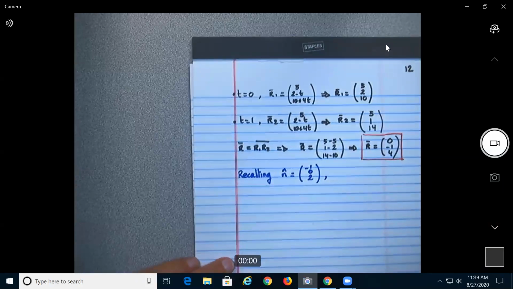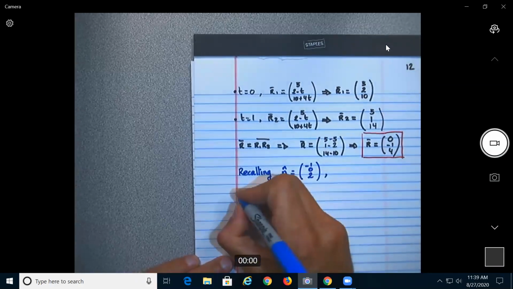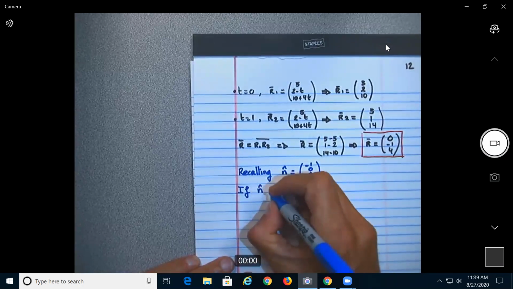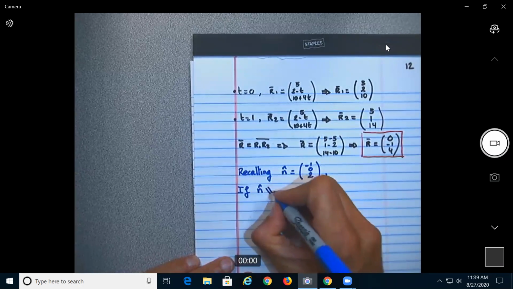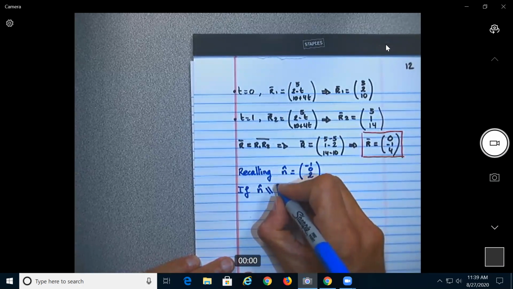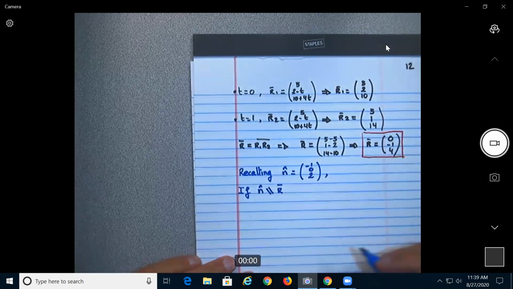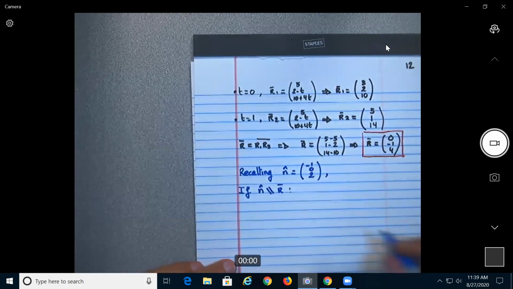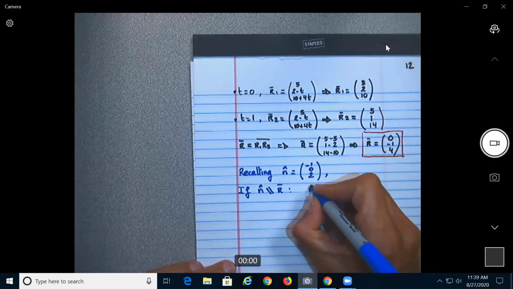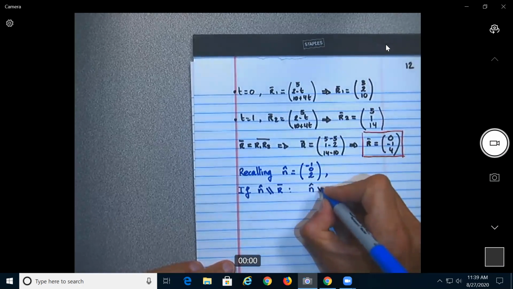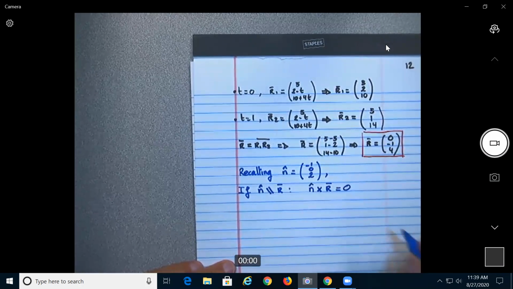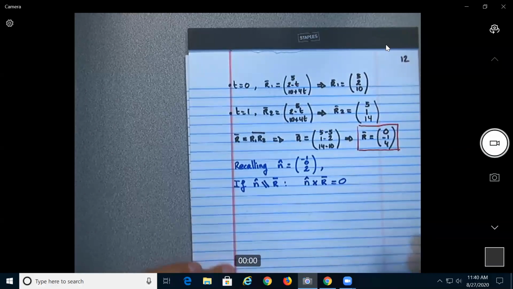If n and the vector R are parallel, how can we define that? Do we use the dot product or the cross product? The cross product. You have n cross R bar should be equal to 0.